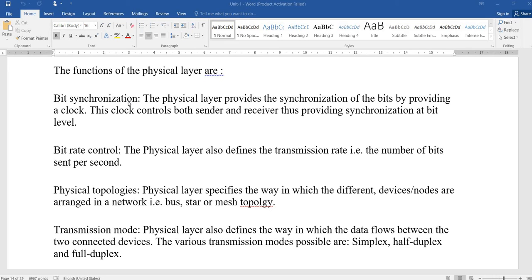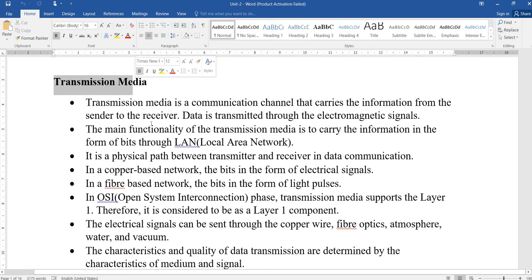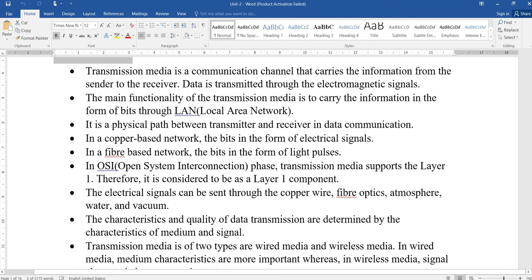The physical layer is also concerned with the topology being used and the transmission mode, maybe full duplex or half duplex. Now we are concerned with the transmission media and the transmission mode. Let's move on to the next point.